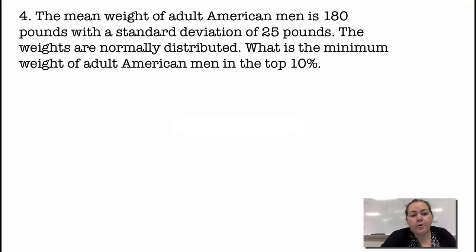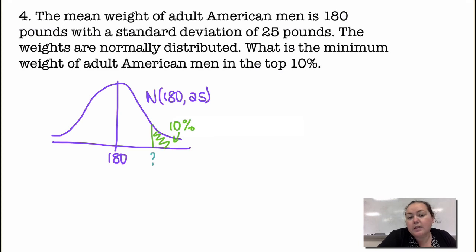All right, in problem 4, the mean weight of adult American men is 180 pounds with a standard deviation of 25 pounds. The weights are normally distributed. What is the minimum weight of an adult American man in the top 10%? So I'm looking at the top 10%, a normal distribution with a mean of 180 and a standard deviation of 25.